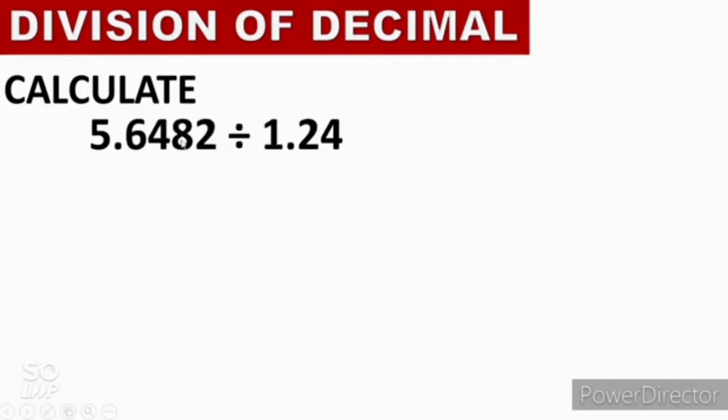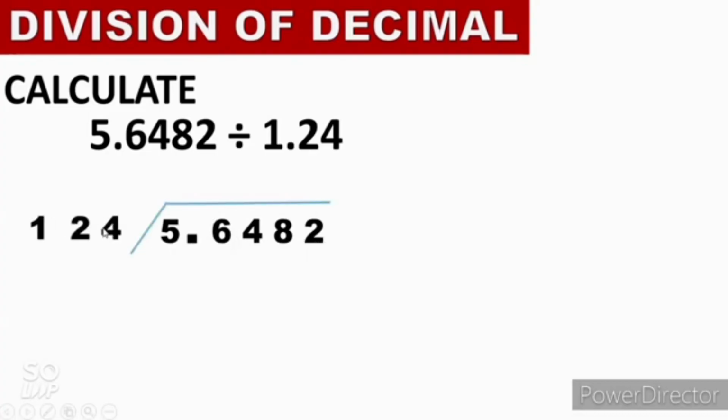We have 5.6482 divided by 1.24. We're going to rewrite: 5.6482 is the dividend and 1.24 is the divisor. To make it a whole number, we move 2 places to the right side. So from the point, we have 1 and 2.